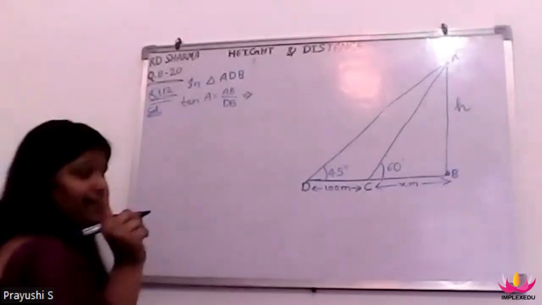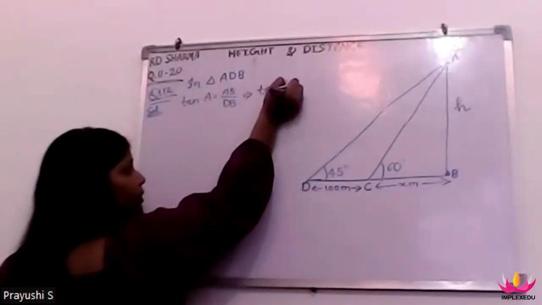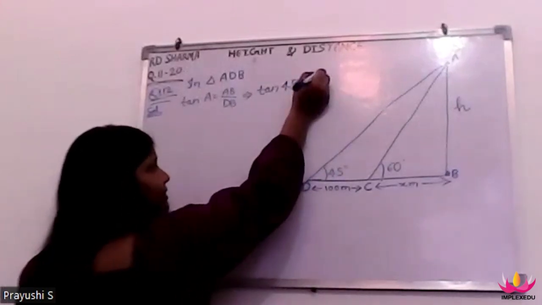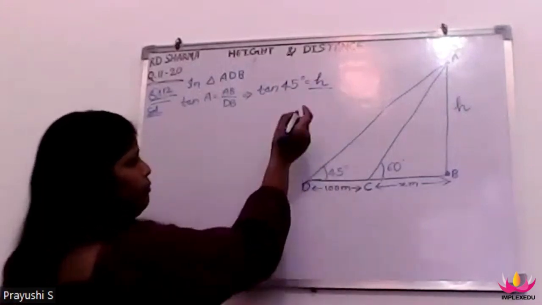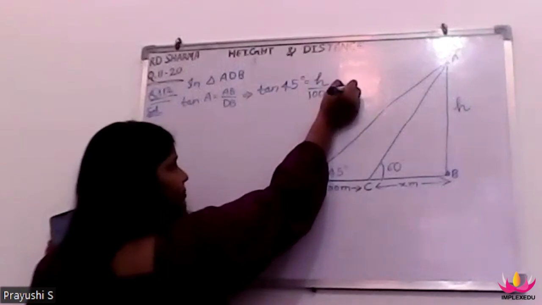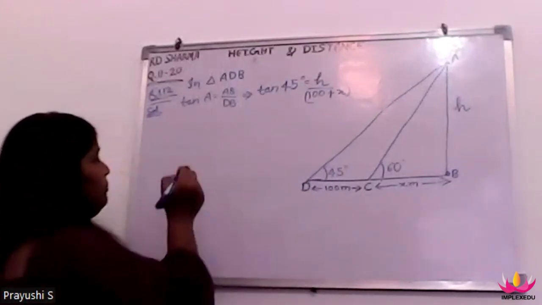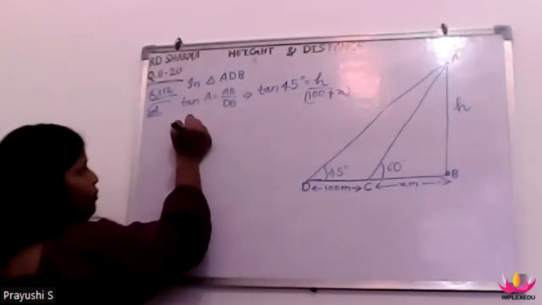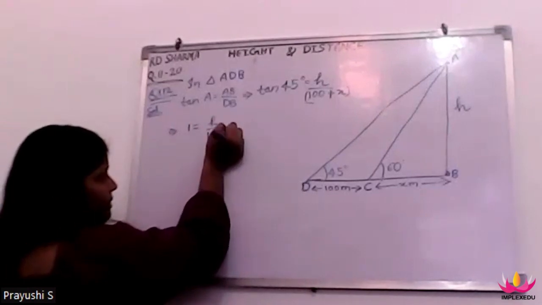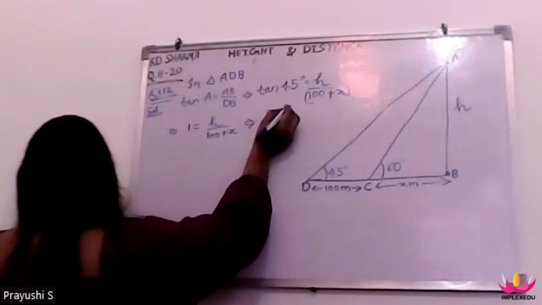And we know that tan A is equal to tan 45 degree. So we will write here tan 45 degree is equal to AB, which is h, and DB will be equal to 100 plus x meter. Correct? Now we know that tan 45 degrees is equal to 1. So 1 is equal to h upon 100 plus x.